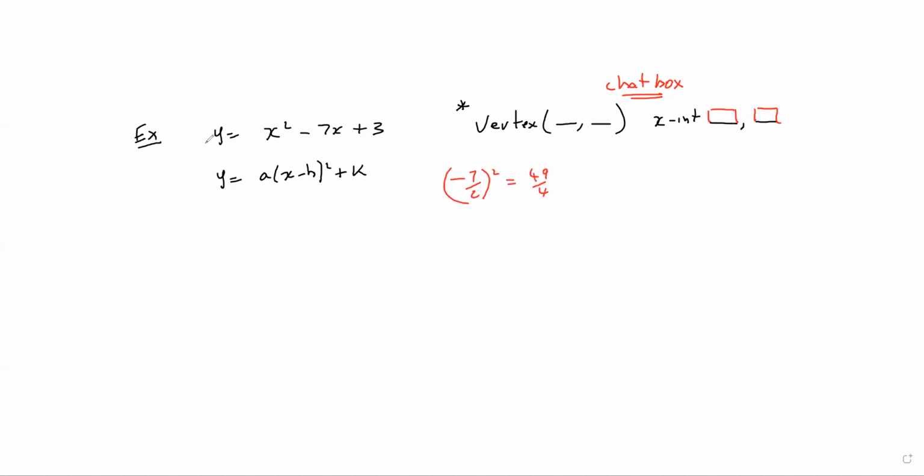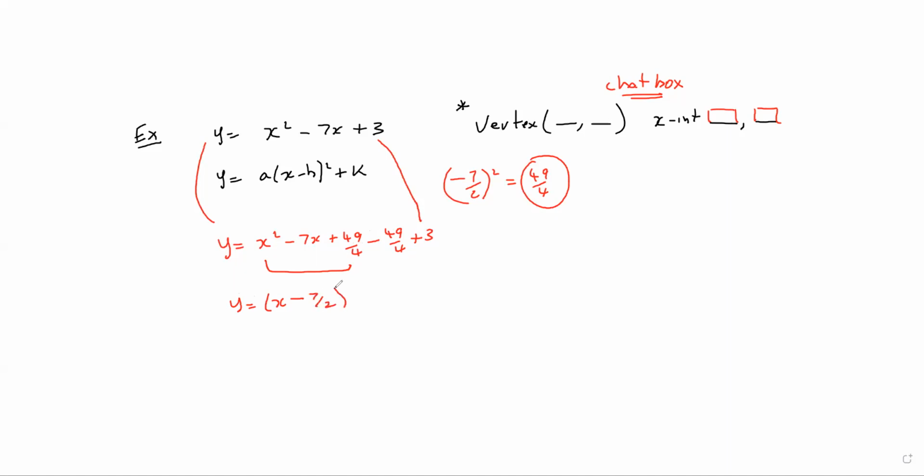Okay, so now we're going to change this equation to be y equals x squared minus 7x plus 49 on 4 minus 49 on 4 plus 3. So bring your 3 down and remember to add and subtract this special number here. So now we can complete the square here. So you're going to have y equals x minus the square root of 49 on 4, which is 7 on 2, all squared.